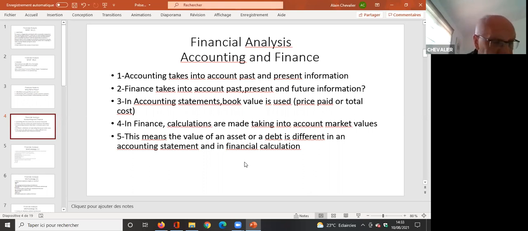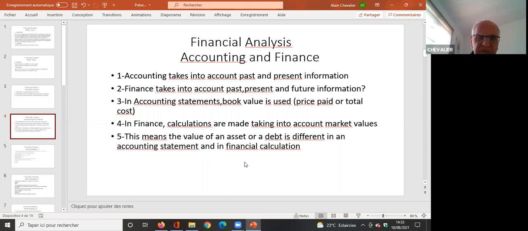In some cases, it's difficult to find the market values, or there is not even a secondary market, and you have to find proxies of a market value. But this is the idea. Accounting is more dealing with the price paid or the total cost, and in finance we use market values.